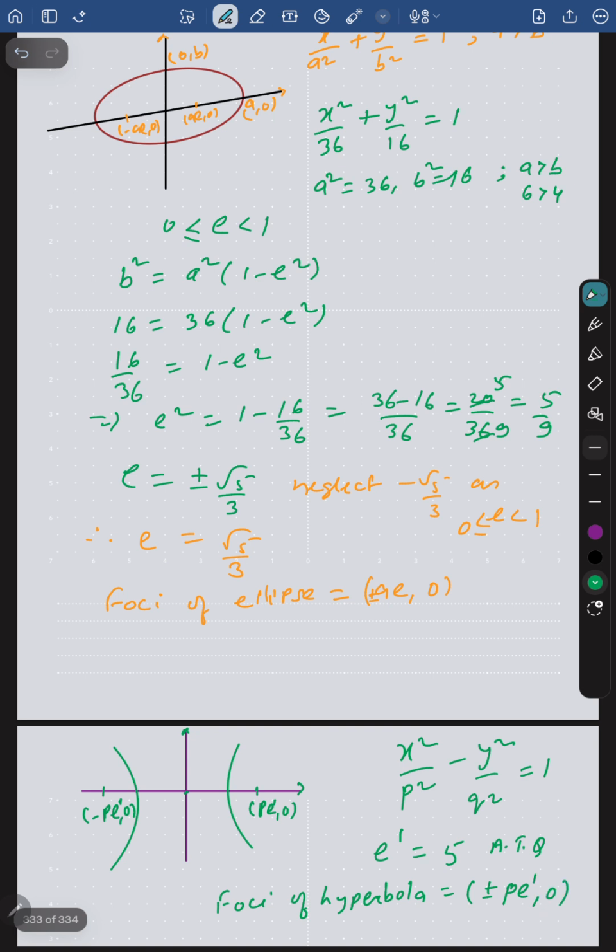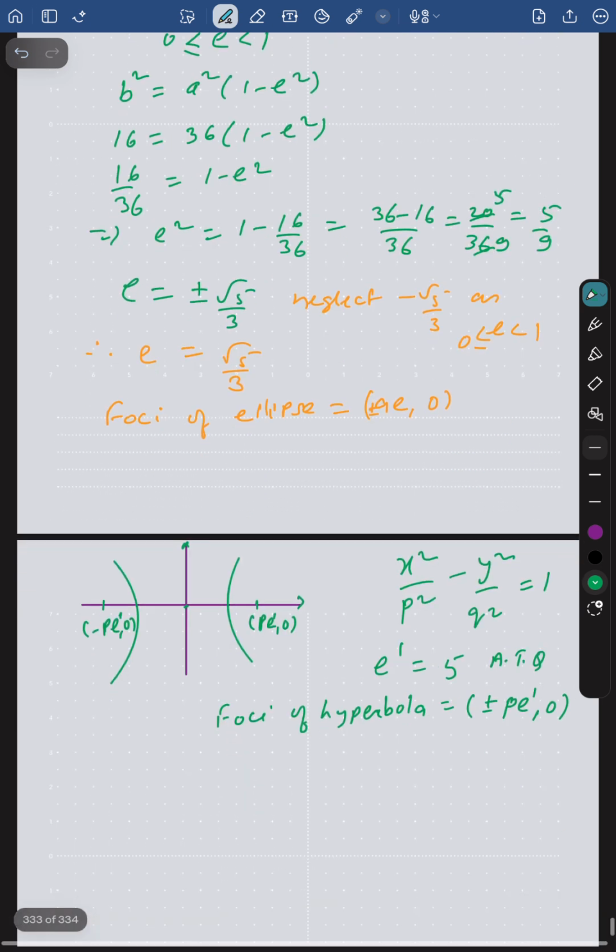They are coinciding, so their values will be the same. If we compare only the positive values, ae will be equal to p e dash. In our question, a is 6 and e we have just calculated as root 5 upon 3. p we don't know, e dash is given as 5. So this will imply p is equal to 2 root 5 upon 5, which gives 2 upon root 5.